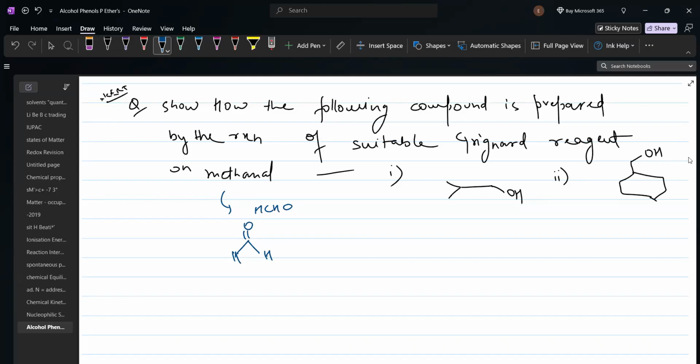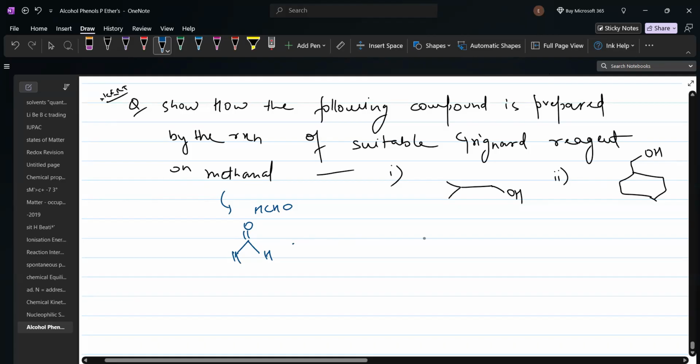Okay. Some Grignard reagent you have to take, RMgX, so that it will form this one and this one.